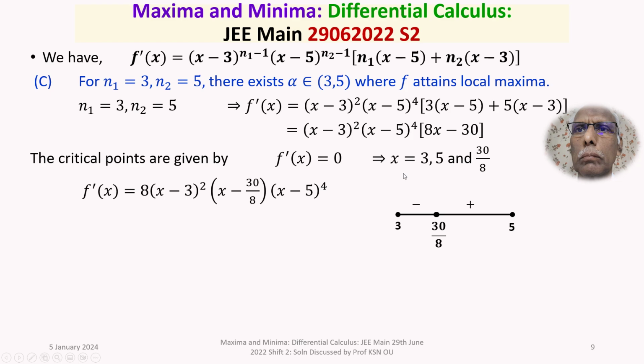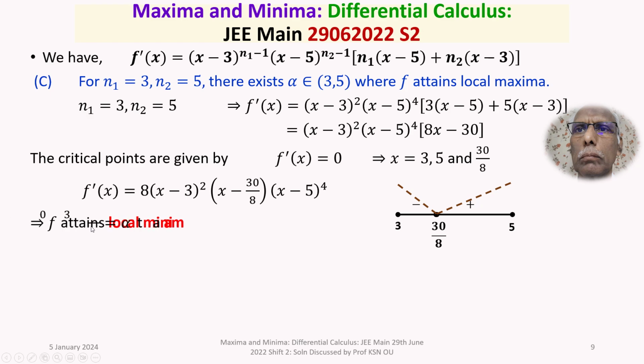So that means local minima is attained for the function f at alpha equal to 30/8, which belongs to (3, 5).